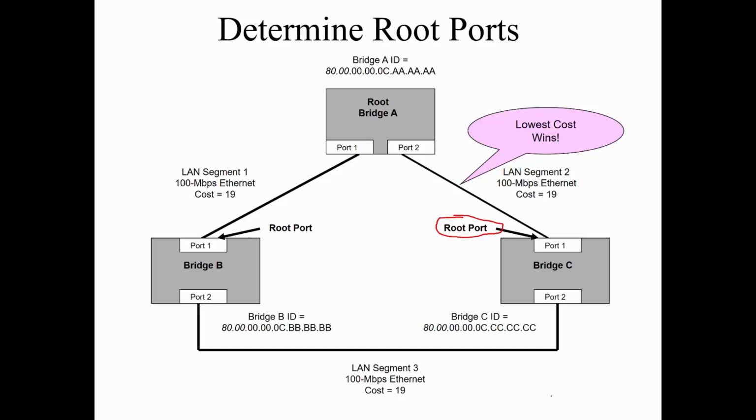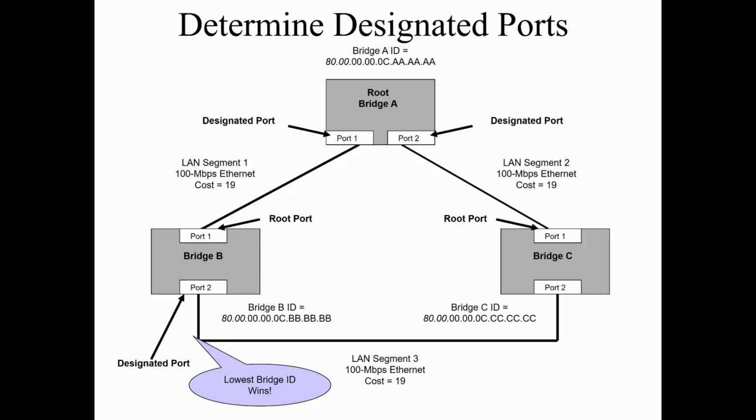That means traffic will go to the root port to get to the root switch, as opposed to designated ports. Designated ports are the ones going away from the root bridge. But you're going to notice, why is this guy a designated port? Because if we have switches beneath here, this is on the way away from it.